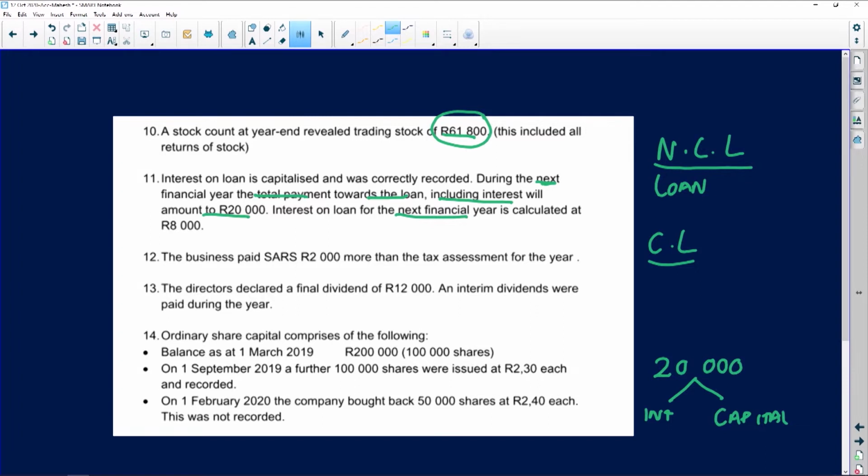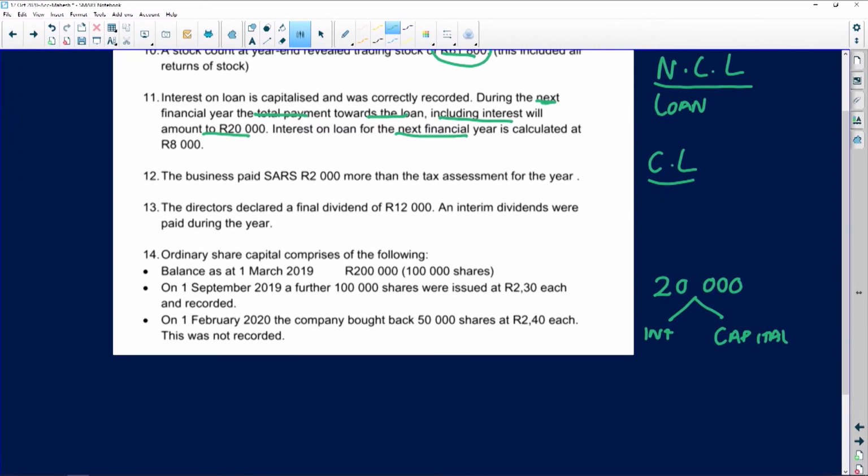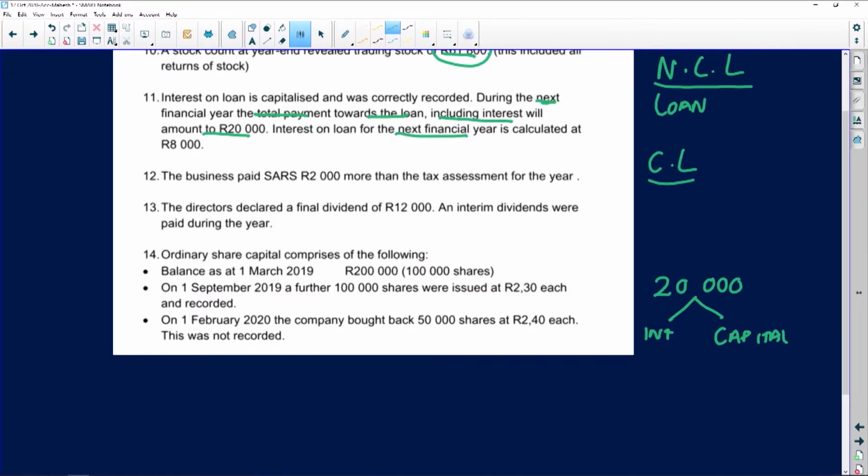Okay, so when I say capital portion, remember it's the capital that was borrowed, the original capital amount that was borrowed from the bank. So that 20,000 includes the interest of 8,000 as well as the capital portion. Now the capital portion is not given to us, and that is the amount that we are going to show under current liability as a short-term loan.